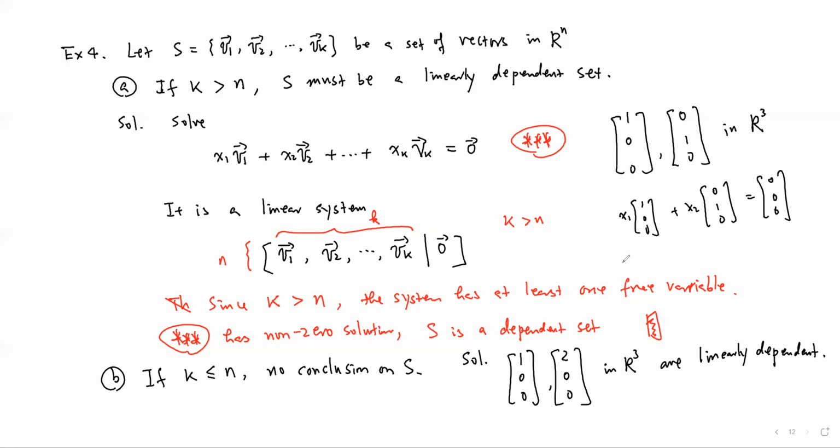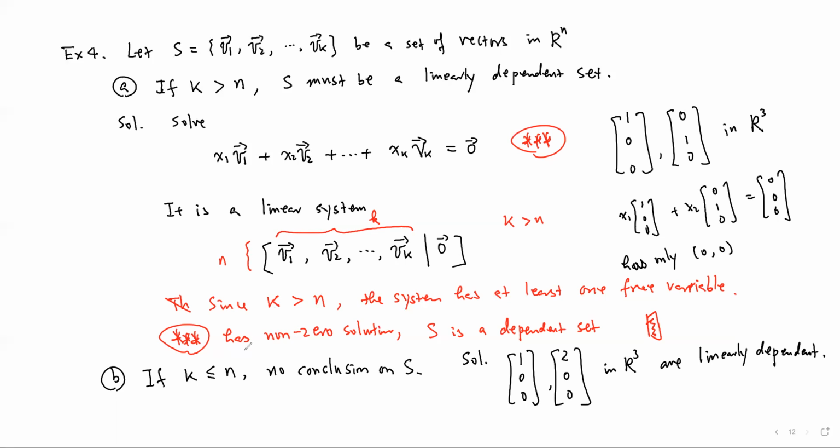This vector equation has only the zero solution. Only x1 is 0, x2 is 0 makes this equation true. So when this vector equation has only the trivial solution, the set is a linearly independent set. The first vector cannot be written as a linear combination of the second vector, and the second vector cannot be written as a linear combination of the first vector. They are linearly independent of each other.